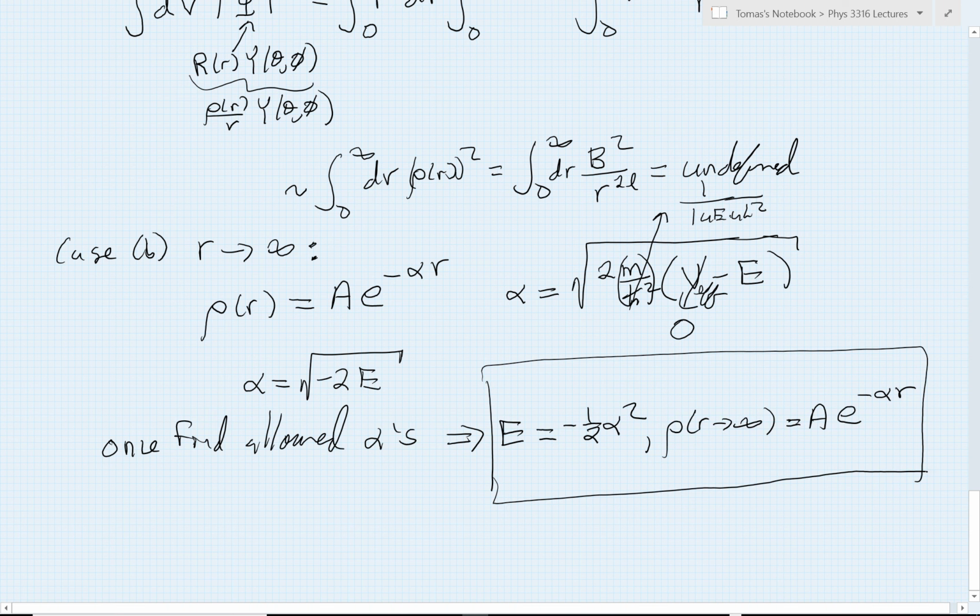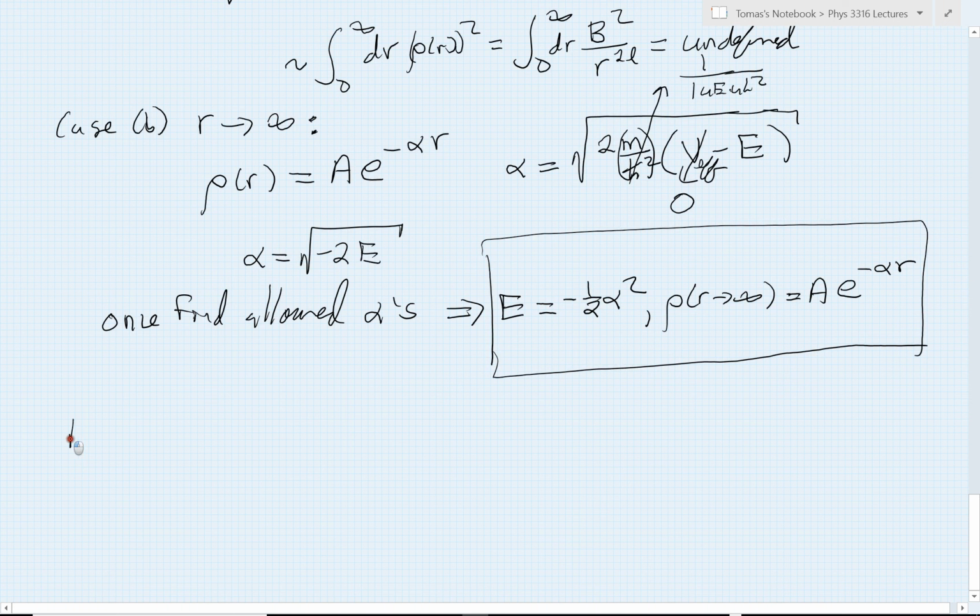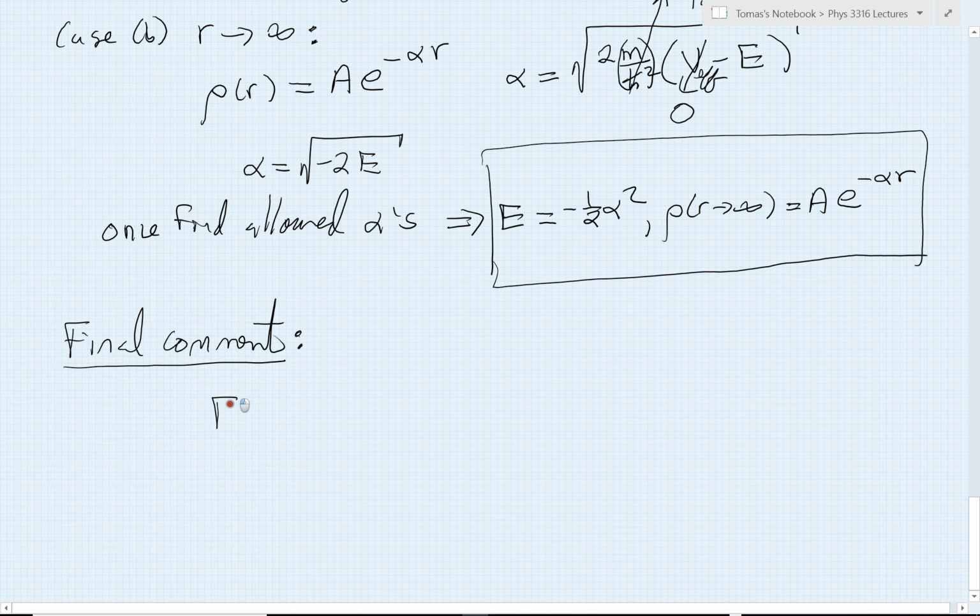Looking at this, I'd like to make one final comment before we move on to the next lecture, where we will actually be using these asymptotic forms. I'd like you to note that the energies in our systems are going to be minus 1/2 alpha squared.